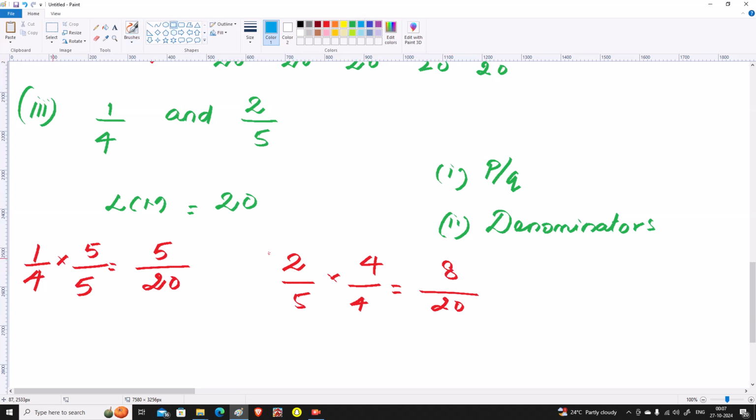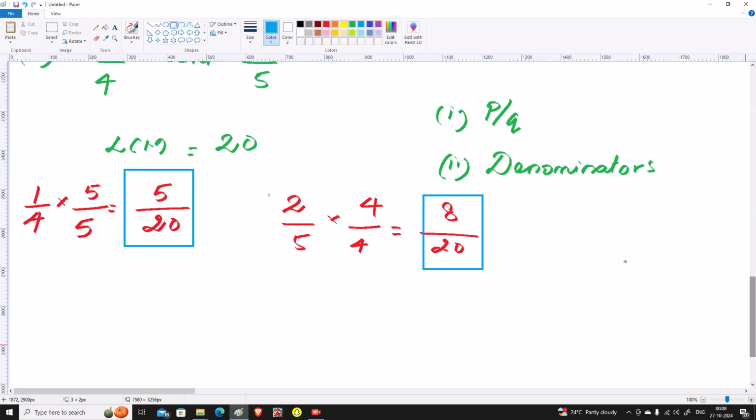So 2 fours are 8. Now observe carefully. This is the starting number and this is the ending number. So between 5 by 20 and 8 by 20, is it possible to write 5 numbers? After 5, we will get 6 by 20, 7 by 20 and then 8 by 20.